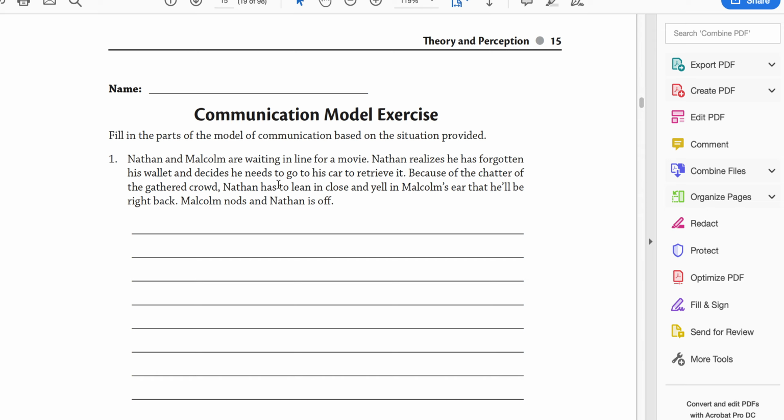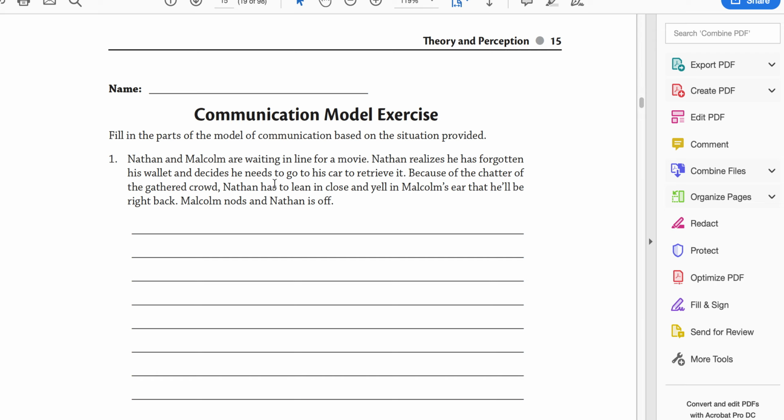Nathan and Malcolm are waiting in line for a movie. So either Nathan will be the sender or Malcolm will be the sender, but just keep that in mind. Nathan realizes that he has forgotten his wallet, y'all, and decides he needs to go to his car to retrieve it. Because of the chatter of the gathered crowd, Nathan has to lean in close and yell in Malcolm's ear that he will be right back.